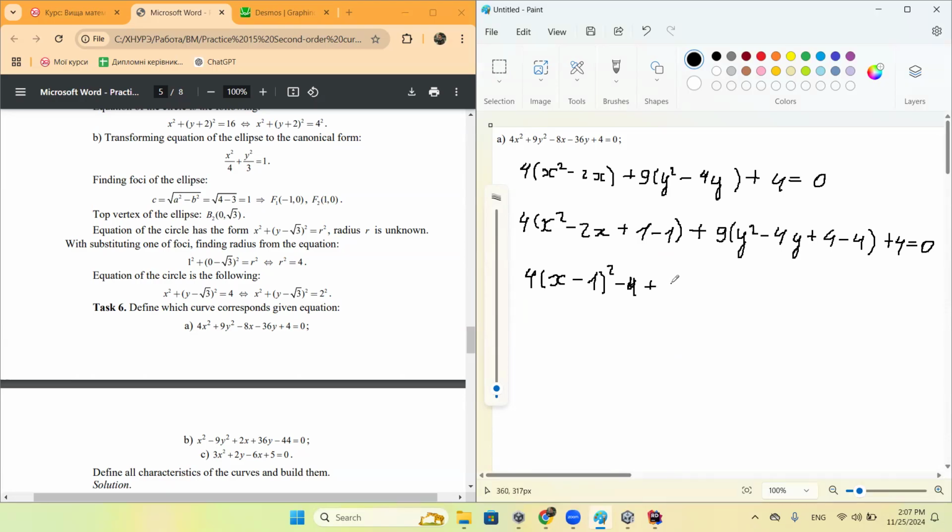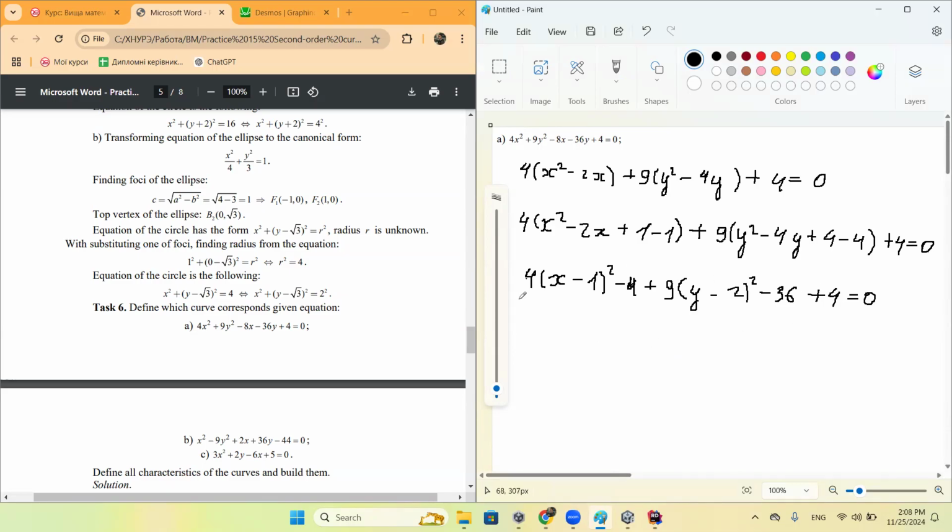Plus 9 times y minus 2 in power of 2, and minus 36 plus 4 equals 0.